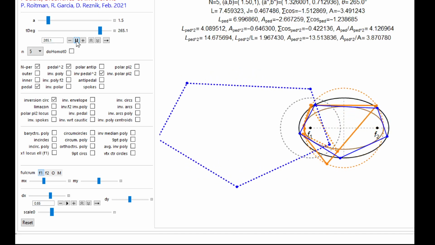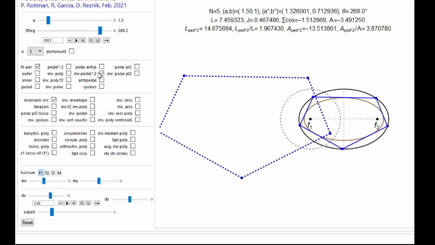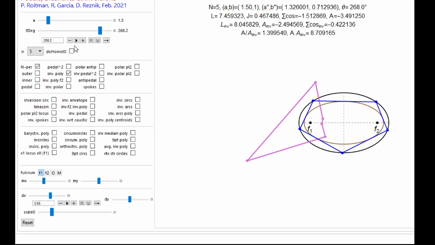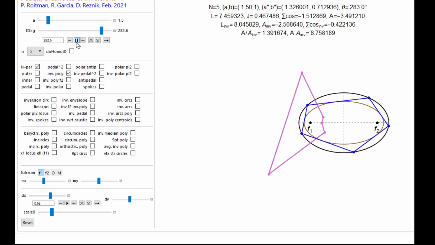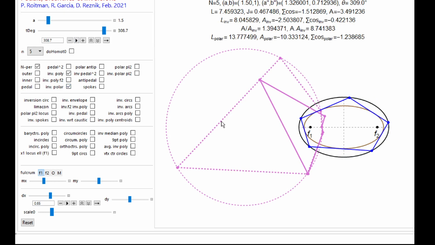So this was path 1, and then we talked about a path 2. I start with my phi periodics, then I compute the inversion, or the inversive polygon, this pink thing here. It also has invariant perimeter. Then I take this inversive polygon and I compute the antipodal with respect to F1.